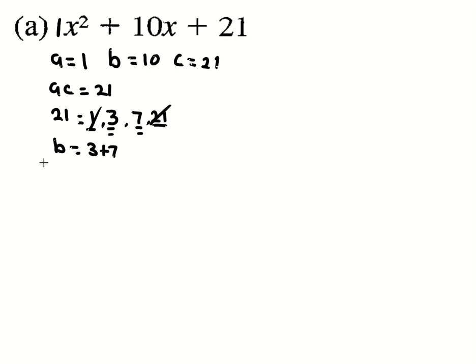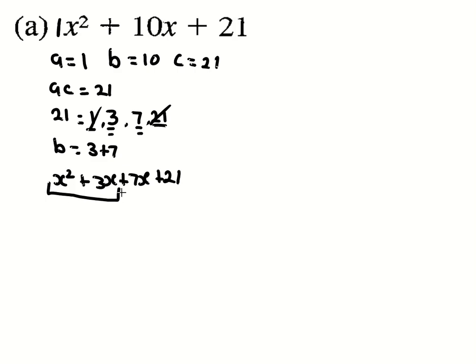So if we were to rewrite the equation, it's going to be x squared plus, remember, the term after B is x, so it will be 3x plus 7x plus 21. We have 4 terms we need to factorize, so you take the first pair and you factorize it.